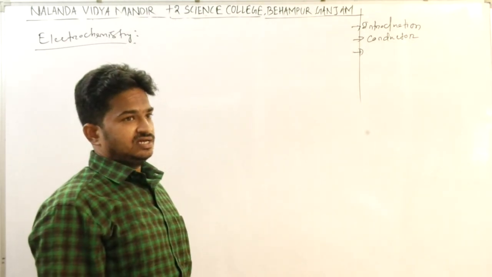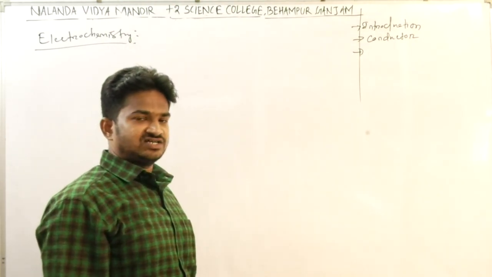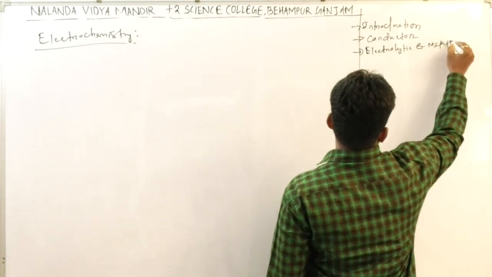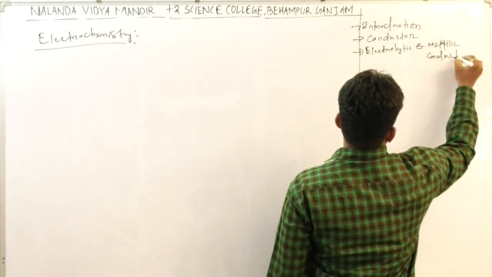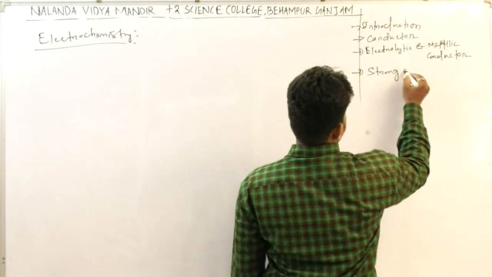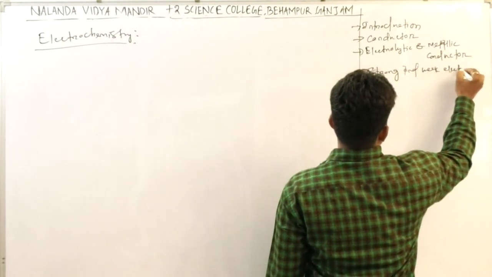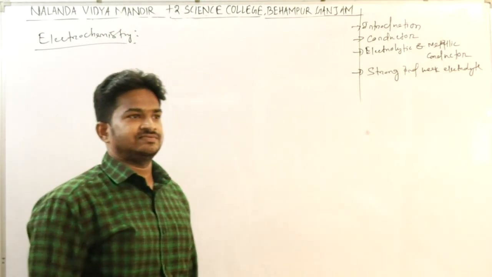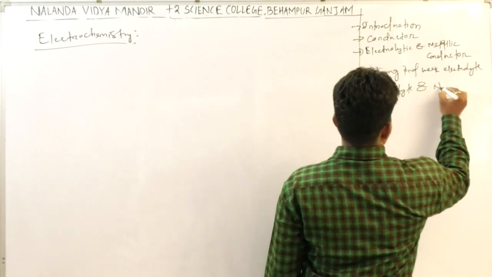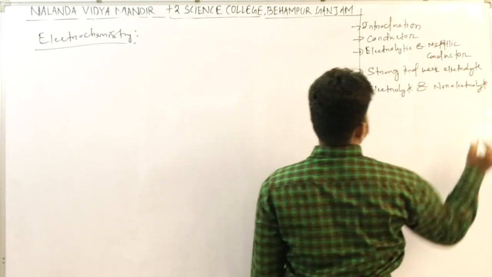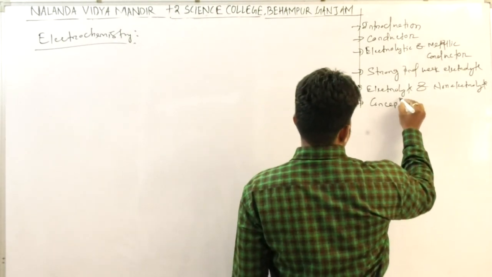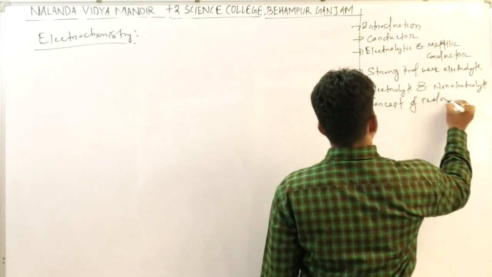If we talk about types of conductor, then metallic and non-metallic conductors, electrolytic and metallic conductor, then strong and weak electrolyte, then electrolyte and non-electrolyte. Then the concept of redox reaction.